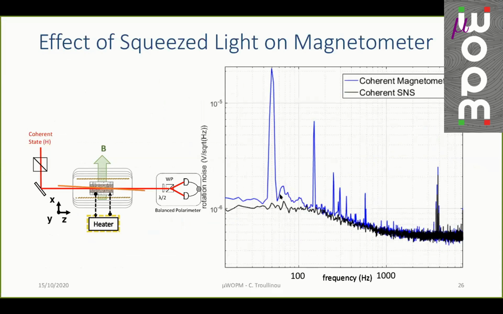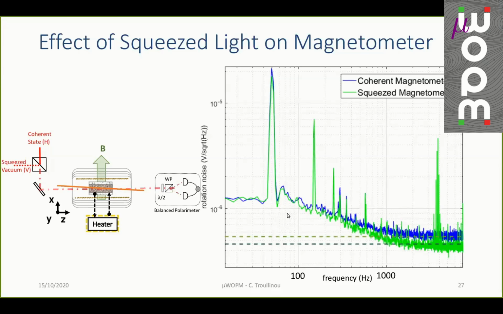But the spin noise of the polarized ensemble and the non-polarized ensemble is not the same. The polarized ensemble has a little bit lower spin noise. So if we would like to be spin noise limited, we would probably have to have the magnetometer spectrum a little bit lower than the spin noise spectrum at the lower frequencies. So the answer is that unfortunately we are not spin noise limited.